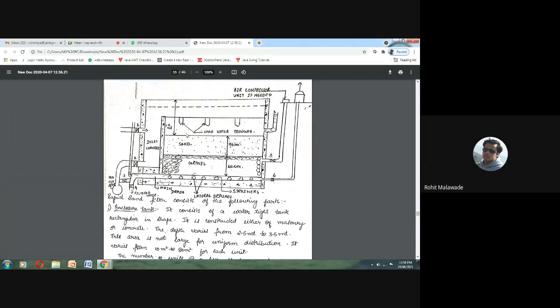Not only do we give water pressure, similarly we also give air from the air compressor unit. Air also is passed through so that, along with the water pressure, the very fine suspended particles get removed with the help of the air pressure as well.